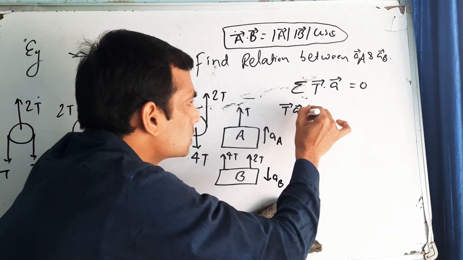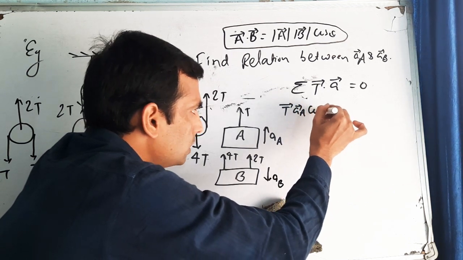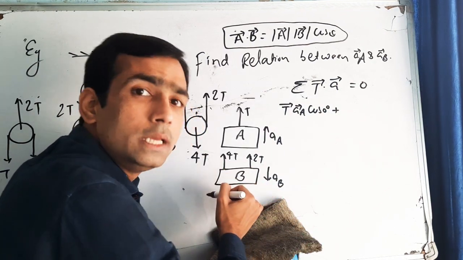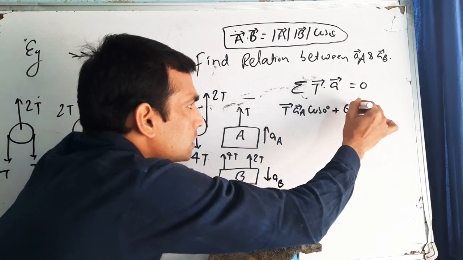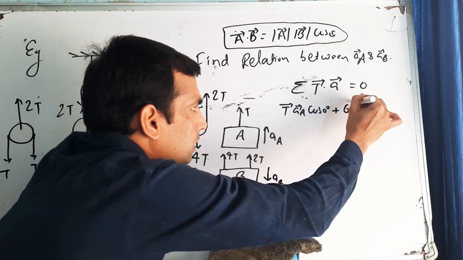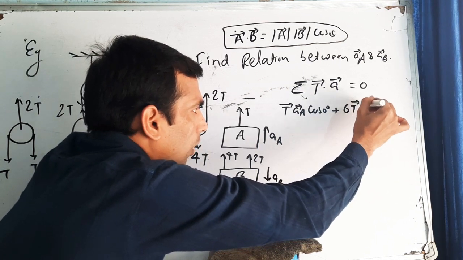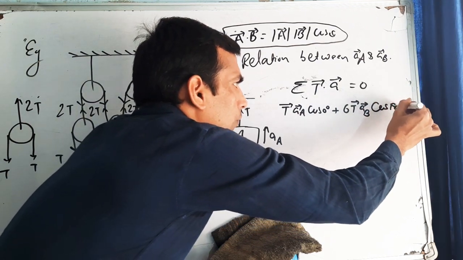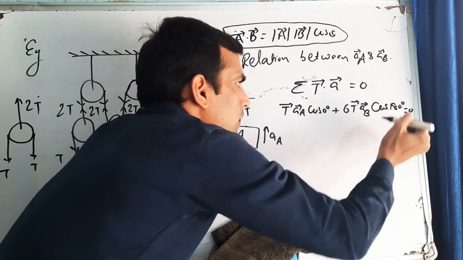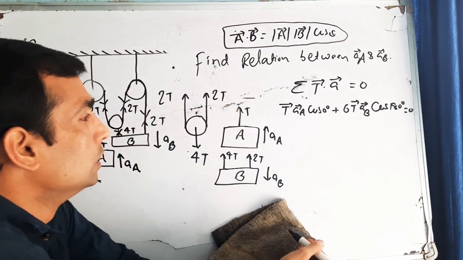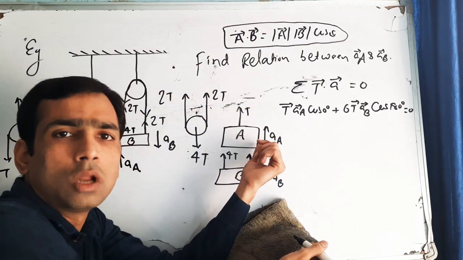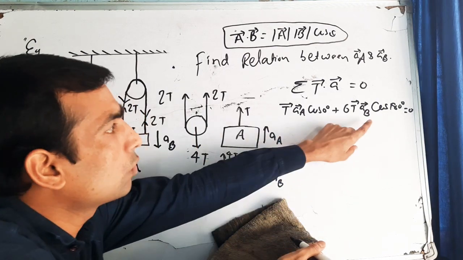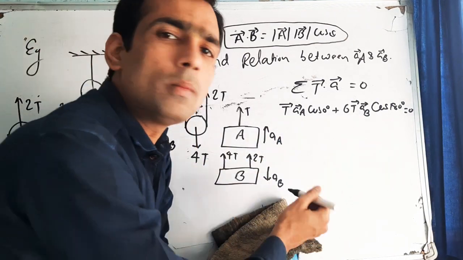So this is T into acceleration of A into cos 0 degree, plus 4T into acceleration of block B into cos of 180 degree, which is equal to 0. Student, earlier I told you in numerical number 1, cos 0 is equal to 1 and cos 180 is equal to minus 1.